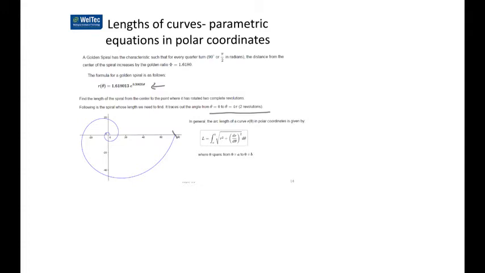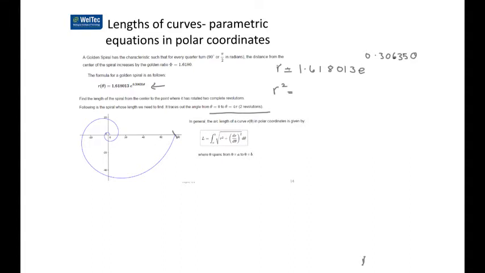Okay, so what we've got is that r is equal to 1.618013 e to the power of 0.30635 theta. Now we need to find r squared.